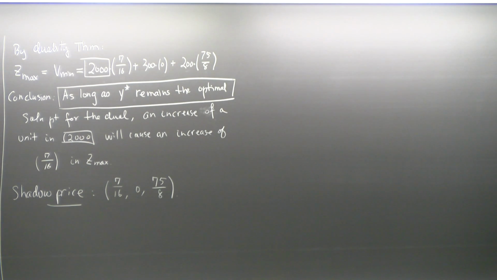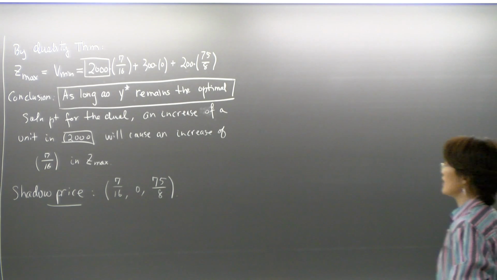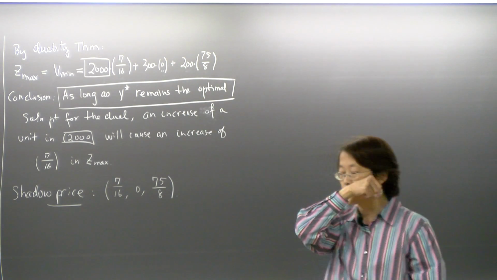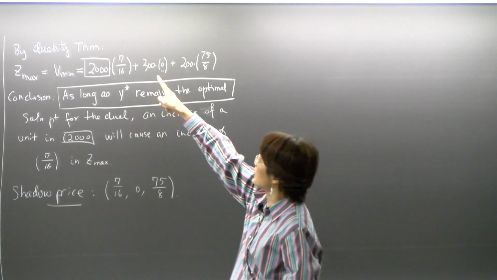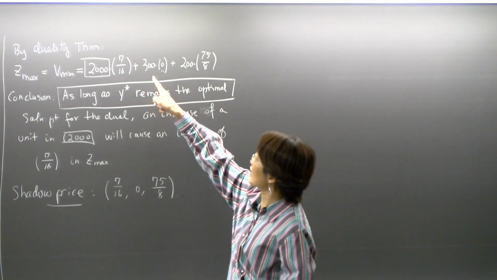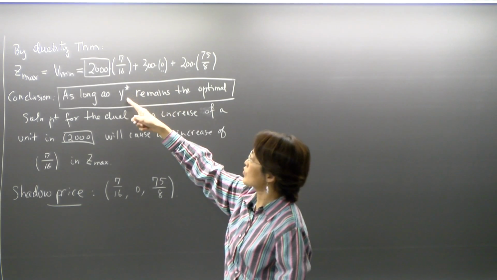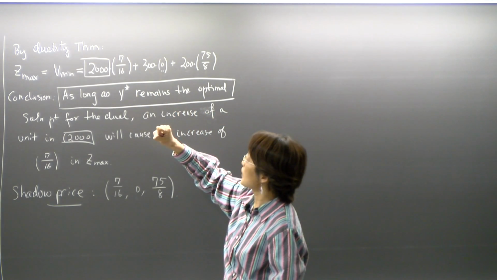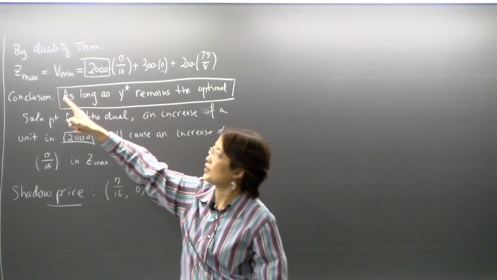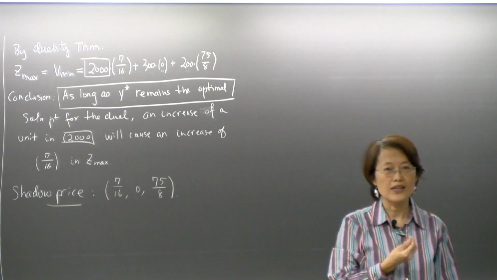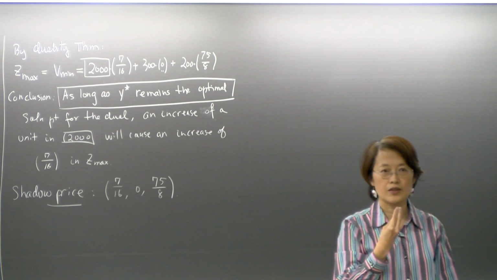Okay. Another thing that's interesting here is this 0. So you see, if I change this number here, the price for that is 0, meaning if I change this, as long as y star still remains as my optimal solution, it has no effect on the Zmax. Why is that? Can you see it?